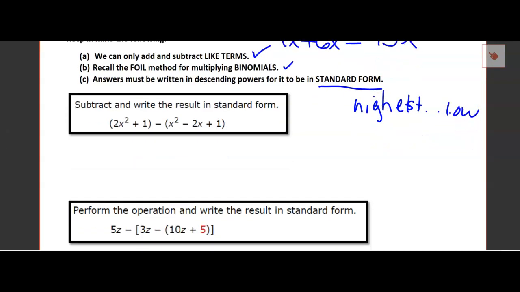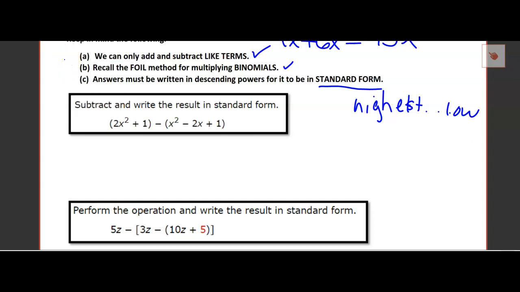So let's take a look at this problem, where we want to subtract and then combine some terms and then put it in standard form. When you're subtracting polynomials, notice there's a subtraction, and behind that subtraction, the polynomial is in parentheses.